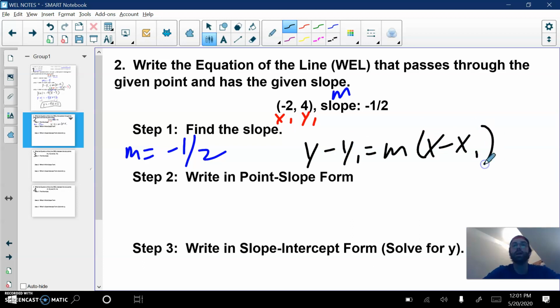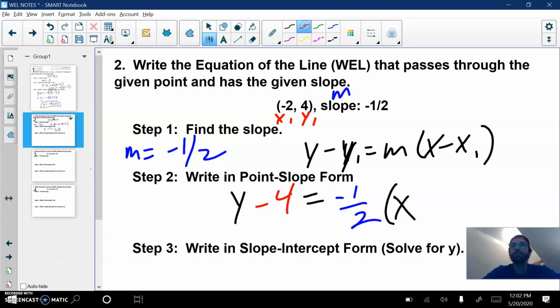So now I got y minus y1, so y minus -4 equals m, so -1/2 times x minus -2. Remember, two negatives create one big plus sign.